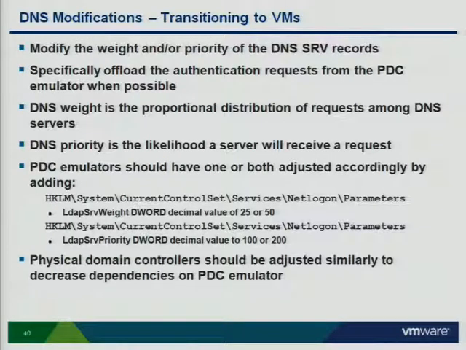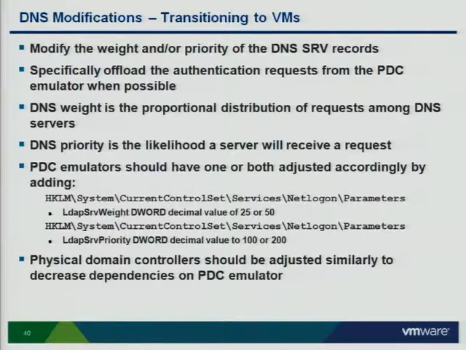Does that make sense, everybody? If I drop that down to 25, what I've said is that for that domain controller, proportionately, everybody else should get 75, and this one should get 25. So you're actually telling DNS how to distribute these logon authentication requests.